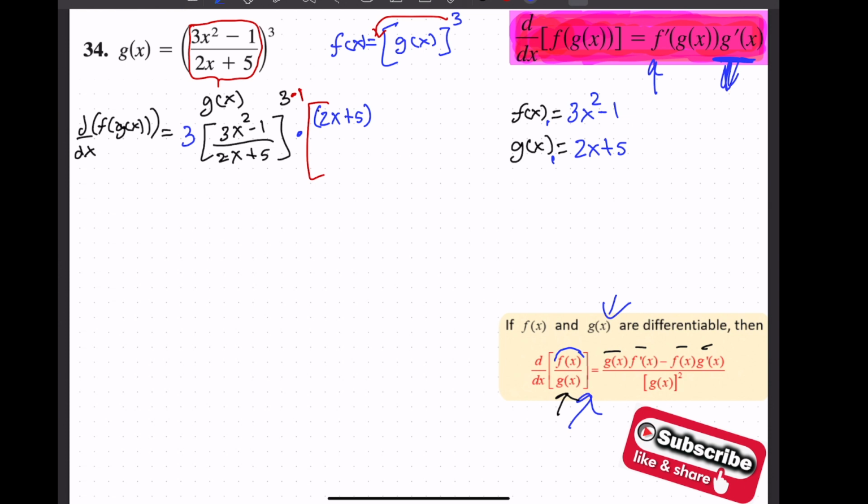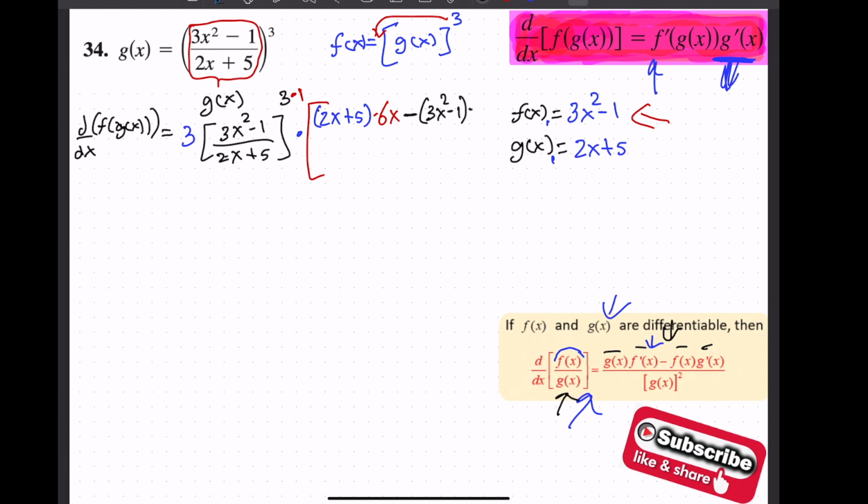And that is multiplying times f prime. So the derivative of f here is simply 6x. So times 6x minus, we have a minus sign here, as you can see down here, f of x. We need to keep f of x now. F of x is simply 3x squared minus 1.